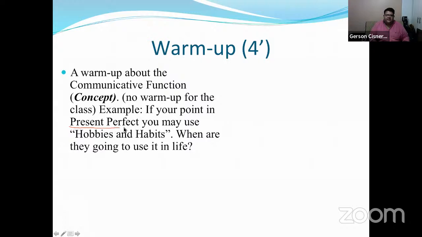Example, present perfect. I said present perfect. Then I would say that the function is hobbies and habits. Last week, for example, Miguel said for simple present routines, and we discussed other functions such as famous people for past tense, etc. Present perfect could be hobbies and habits.